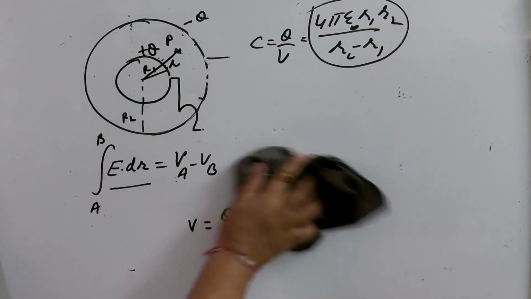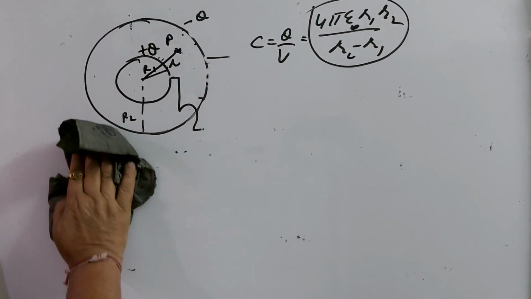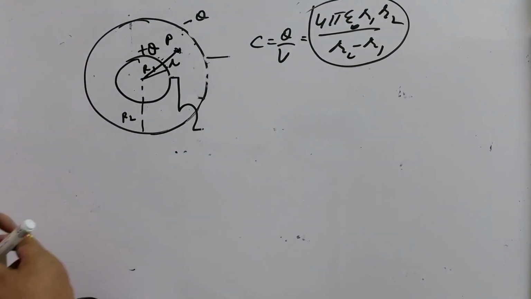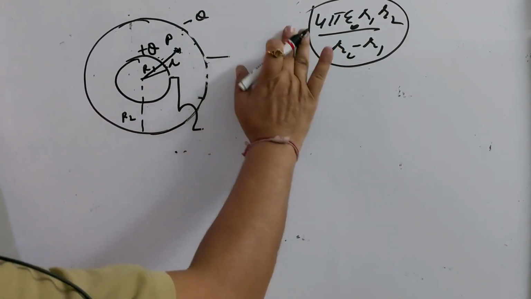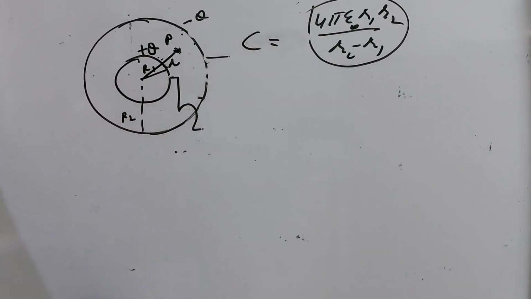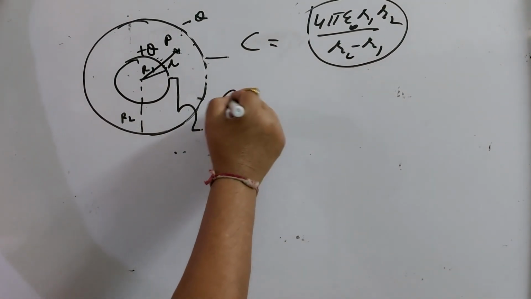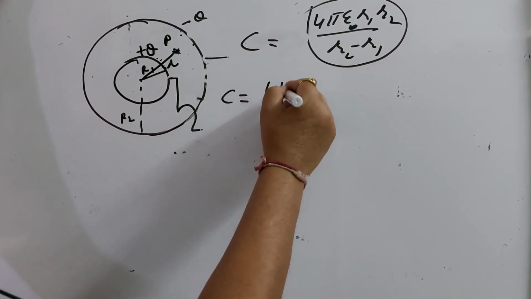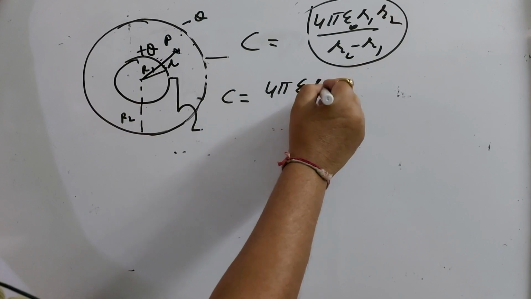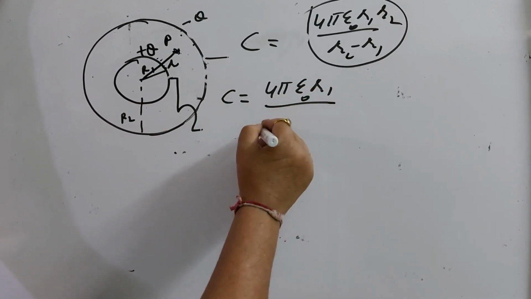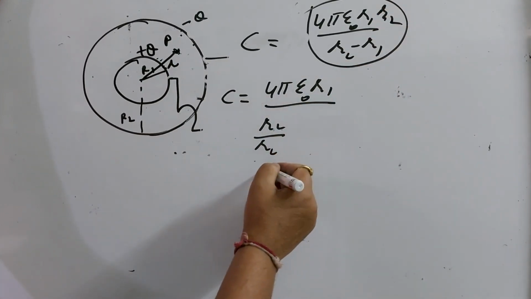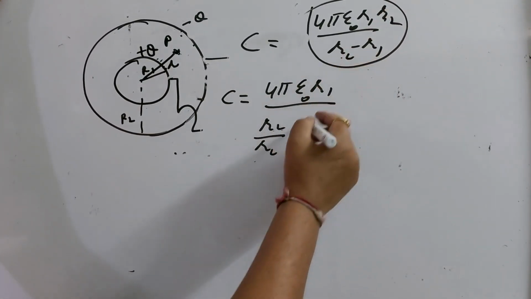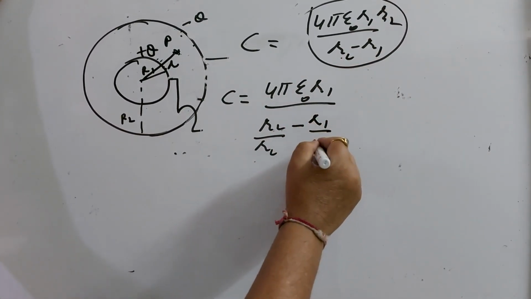Now in this case, suppose we write this C is equal to this. Now this can also be said as C is equal to 4 pi epsilon naught r1, with r2 by r2 taken to the denominator, so r2 minus r1 by r2.